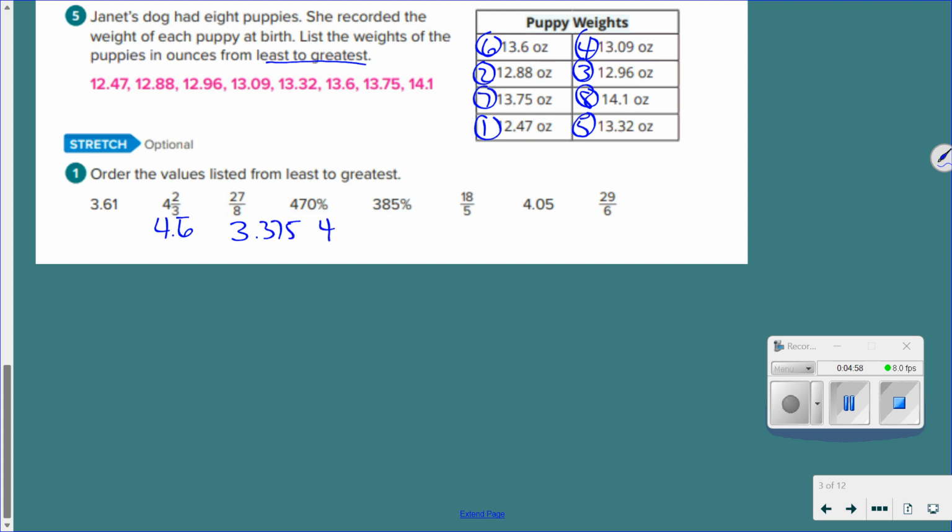Percent is easy, I just move my decimal twice. 5 goes into 18 3 times, so 3 and 6/10. And 29/6 is going to go 4 times with 5 left over. 4 and 5/6 is going to be about 4.8.